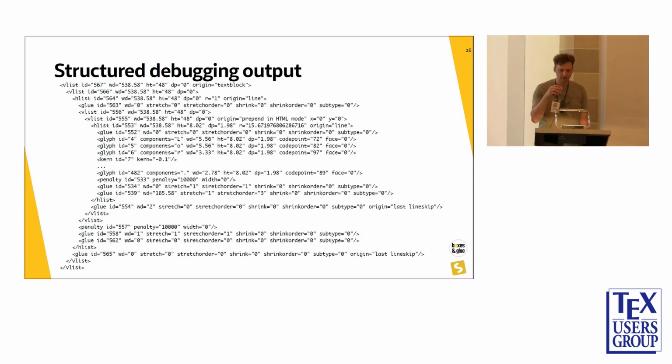You see the node lists or the boxes nested inside boxes as an HTML, XML representation. But this is really handy because you can load this into your text editor and use code folding, so to hide the inner boxes you don't need. And you can use some query language to find the positions where you want to look.